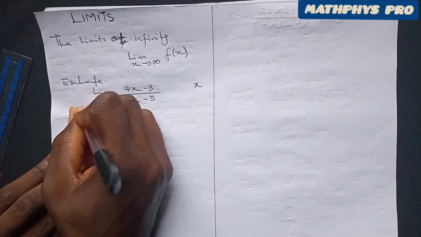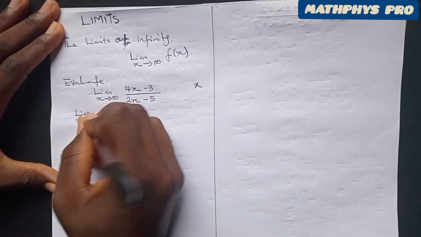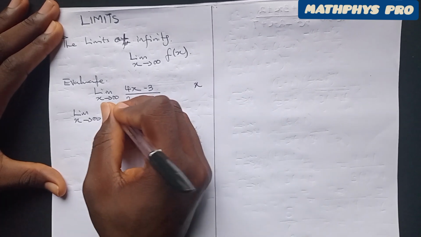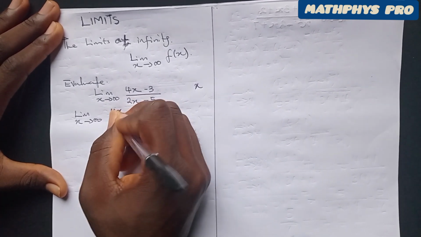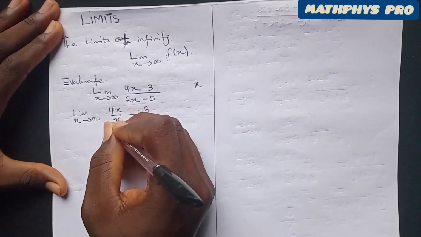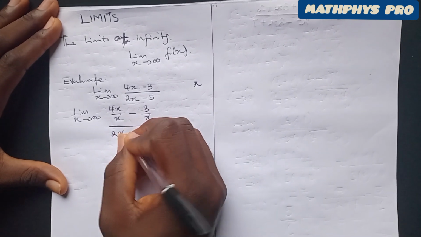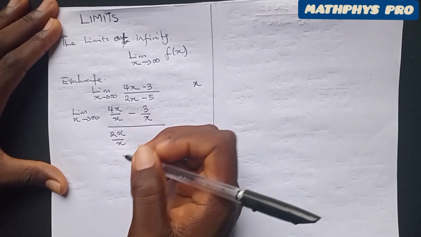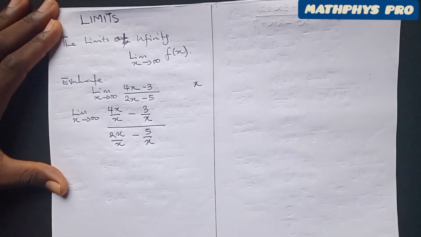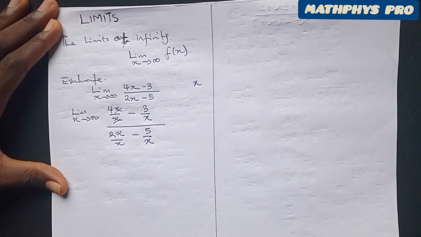So we say the limit when x approaches infinity of 4x divided by x minus 3 divided by x, divided by 2x divided by x minus 5 over x. Now x can cancel x.